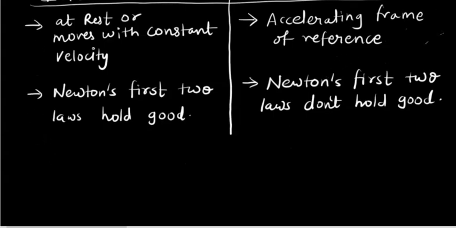Okay, so to understand the meaning of this second point, let's look at one example. Suppose I have a block which is attached to a string. Let the mass of the block be m, and this whole system is at rest.